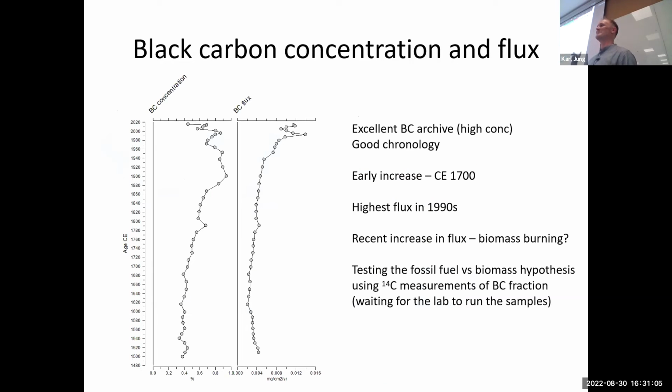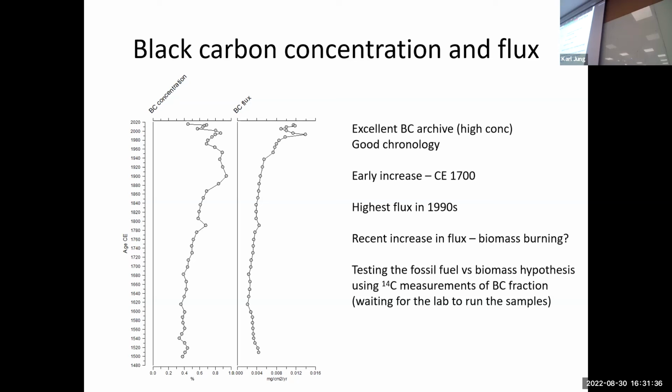I was a bit worried that you wouldn't see the next graph either. It's here. So this is work in progress. I haven't only measured the black carbon so far. This is the black carbon curve, and the concentration calculated as flux. Interestingly, we have comparatively high concentrations, almost 1% black carbon. This is really high. I think this is because of sediment focusing in this lake, and also the lake has no inlet or outlet.